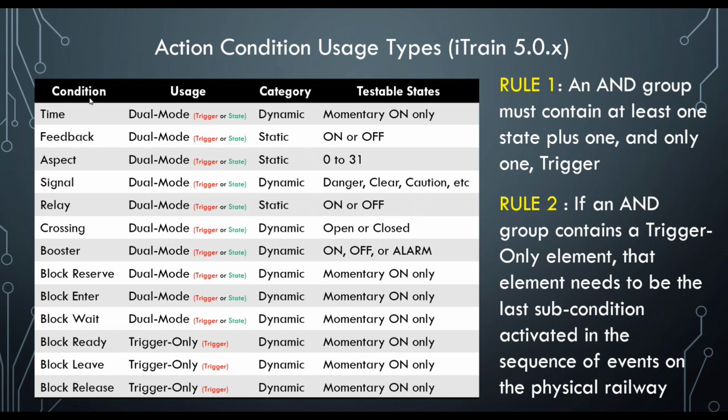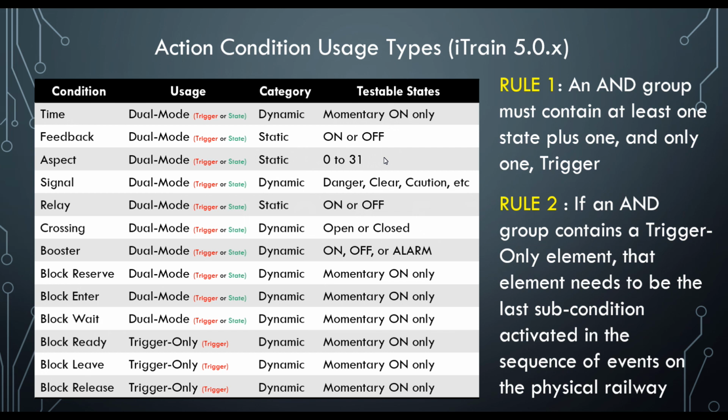For example, the time and all of the block elements, we are only able to test for its momentary on state. We also learnt the importance of noting the reference state. That's the state that we set when we create the condition.